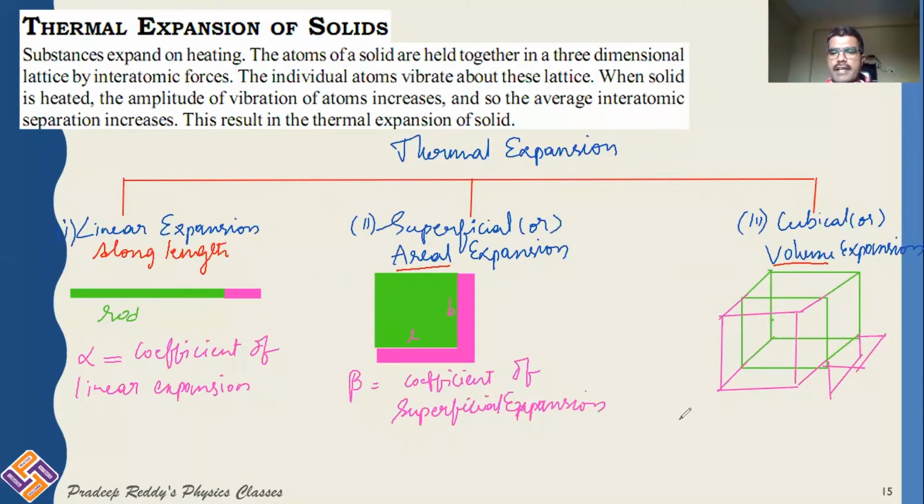And the third is gamma, coefficient of cubical expansion. These are the three different types of thermal expansion which we encounter in our daily life because of heat which you are providing to the system.